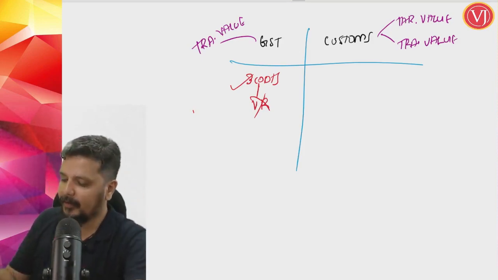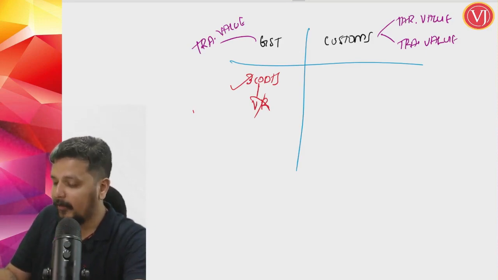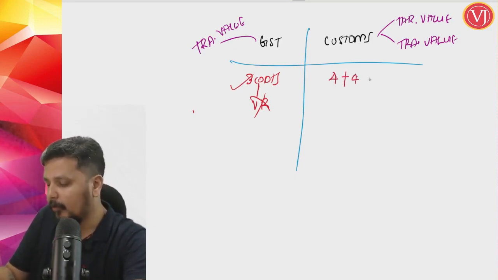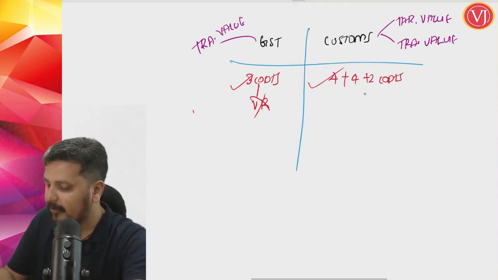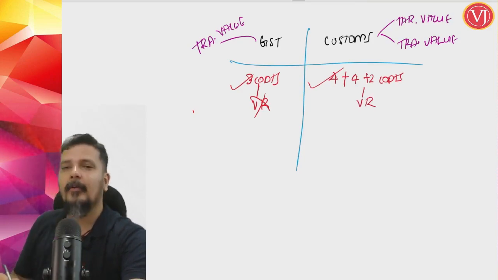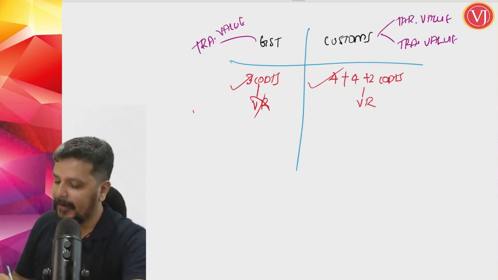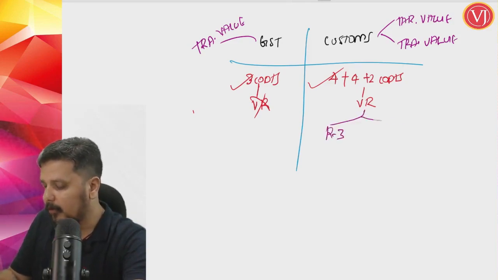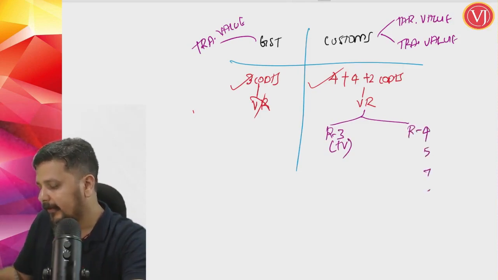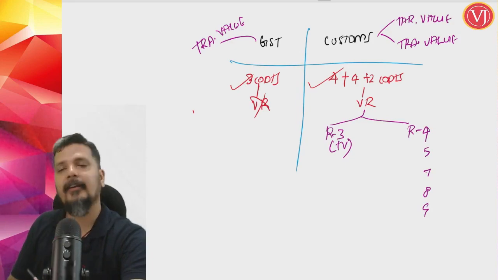valuation rules. But in customs, how many conditions are there? 4 plus 2 conditions. Even if you satisfy all the conditions, still you have to see valuation rules. Because the main answer in customs is given in terms of rule 3, which is your transaction value. Then it is rule 4, 5, 7, 8, 9.